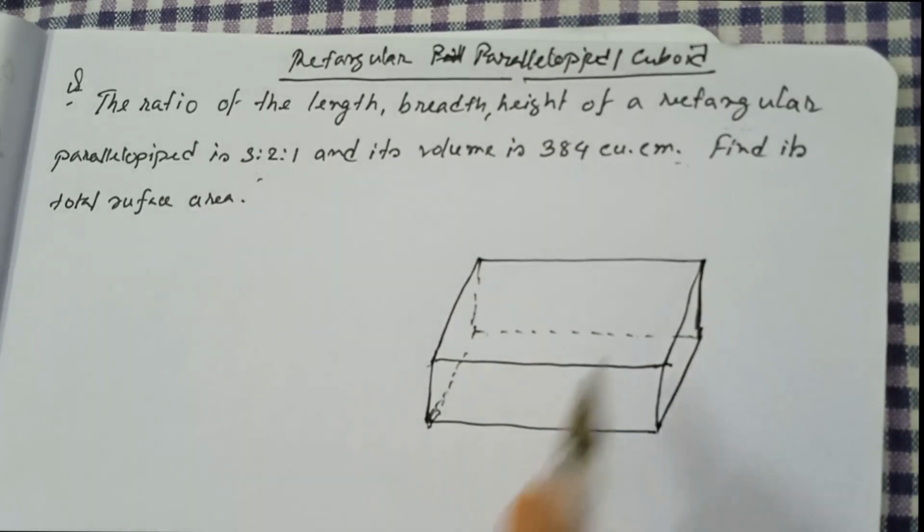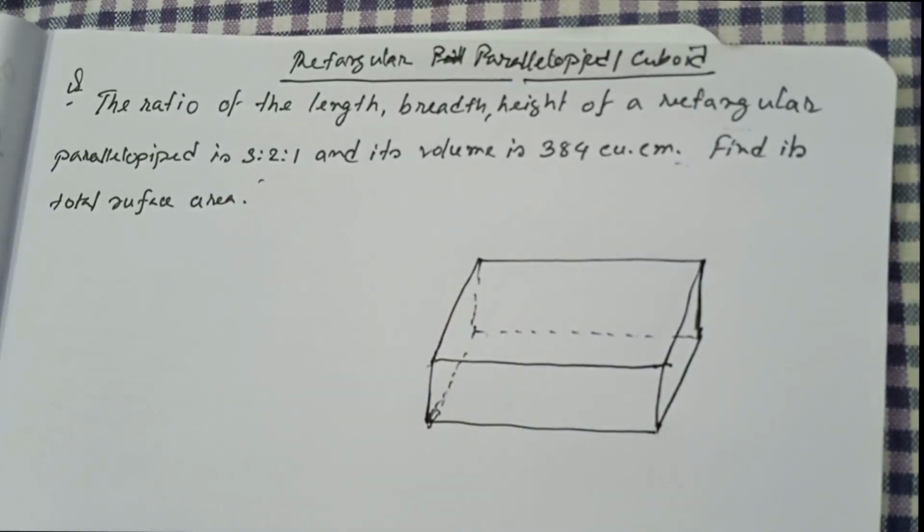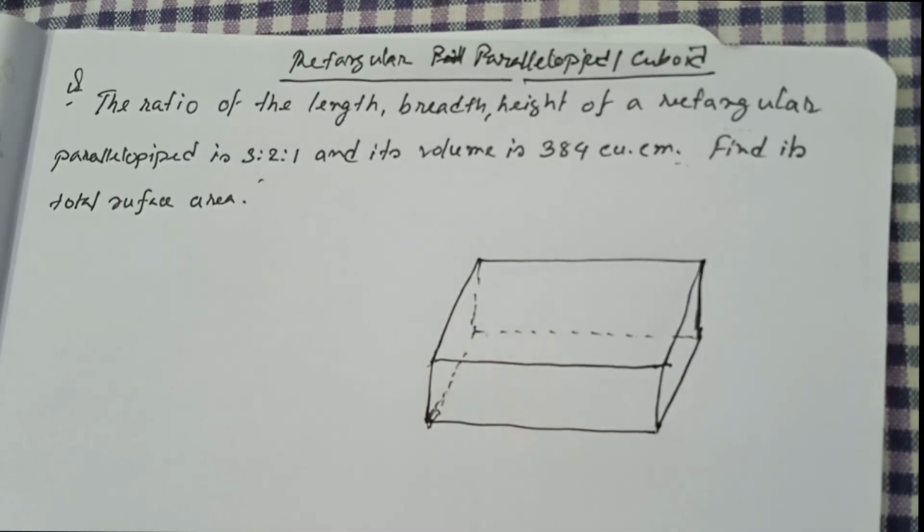Length, breadth and height, the ratio is given 3:2:1 and the total volume is also given.